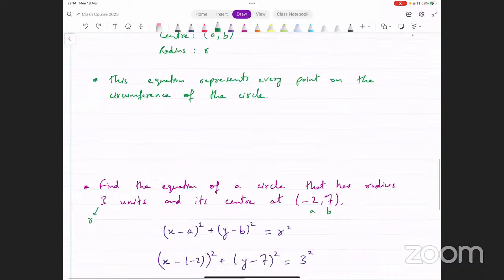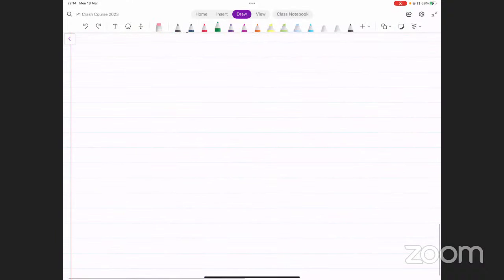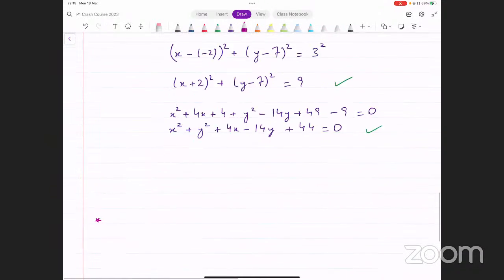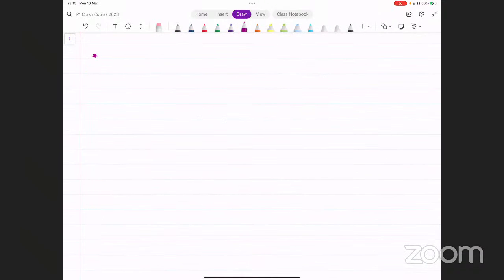Now, let's take another example. Sometimes you have to do it the other way around. You might have the equation of the circle given, and be asked to find the radius and maybe the center of that circle.